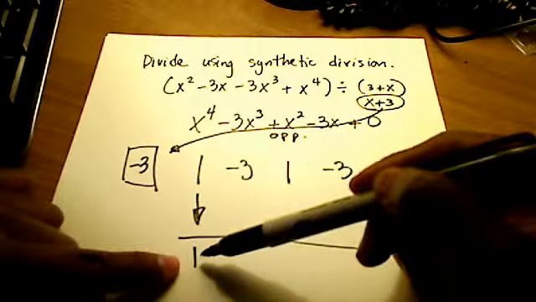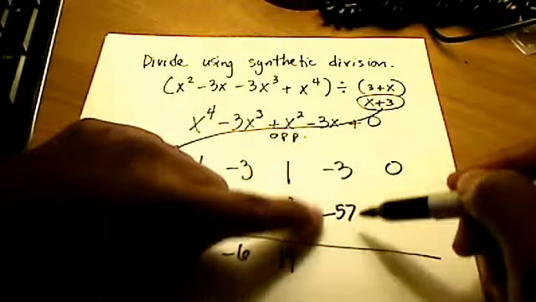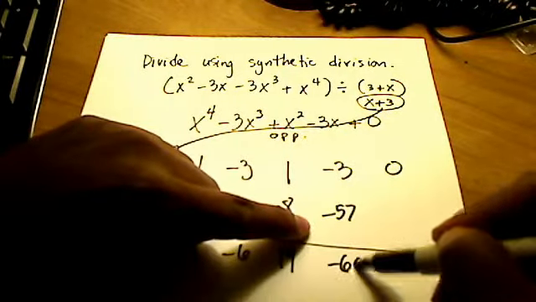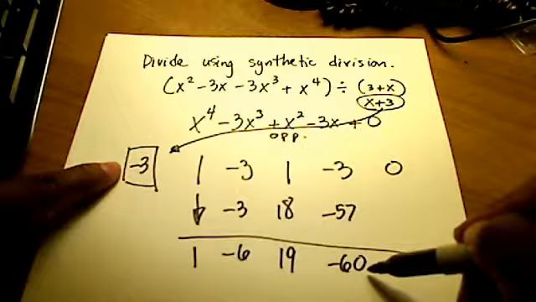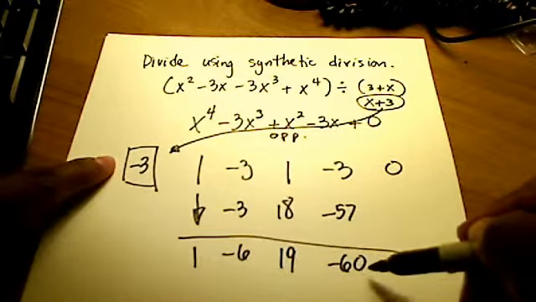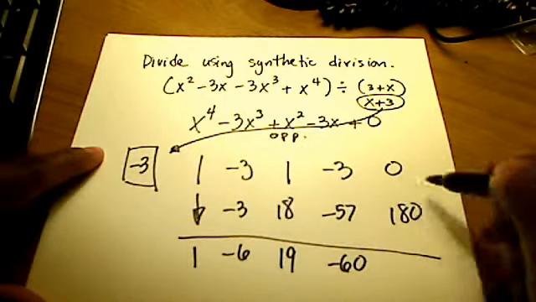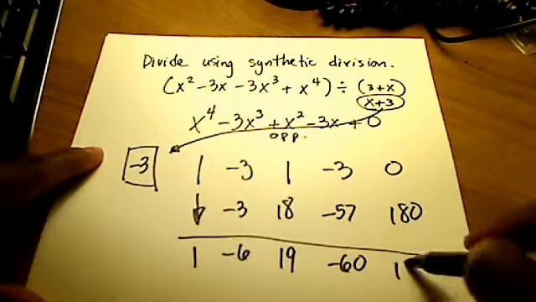Multiply these two, negative 3 times negative 6 is a positive 18, and then add these numbers, which is 19. And then multiply negative 3 times 19, which is a negative 57, and then add these numbers, which is a negative 60. And then multiply these two numbers, negative 3 and negative 60, and we have a positive 180, and obviously 0 plus 180 is 180.